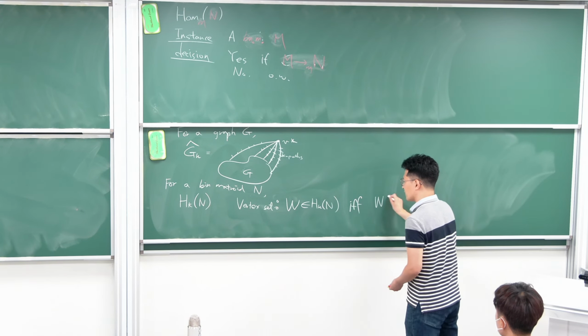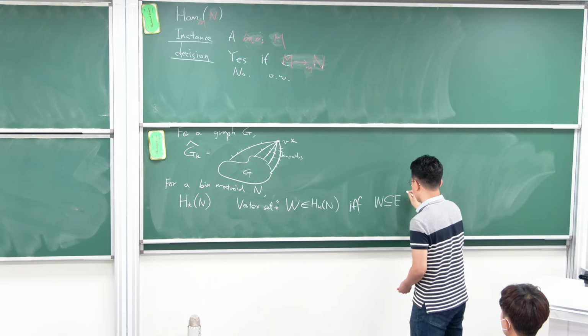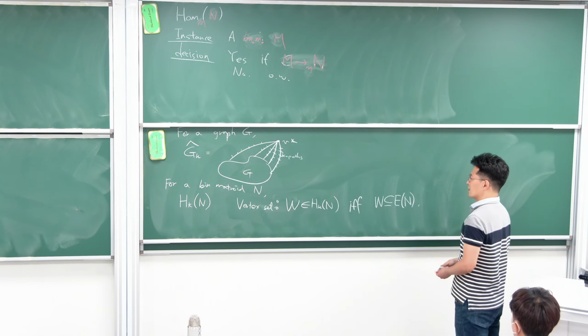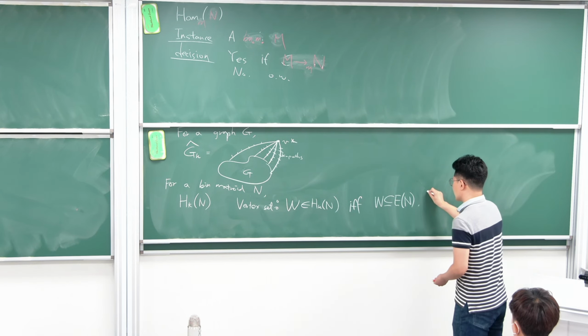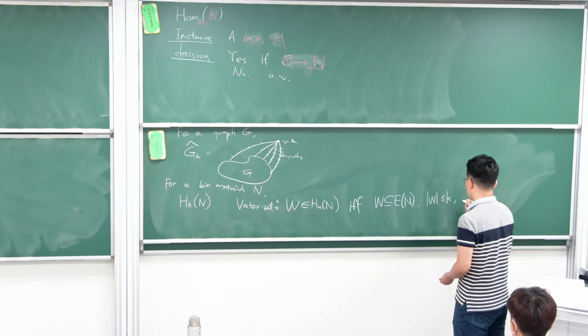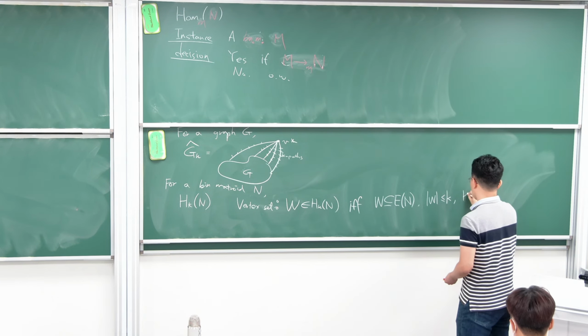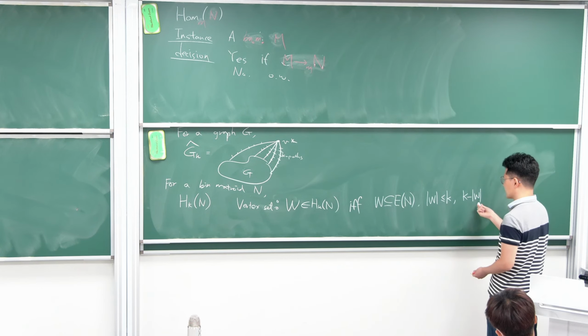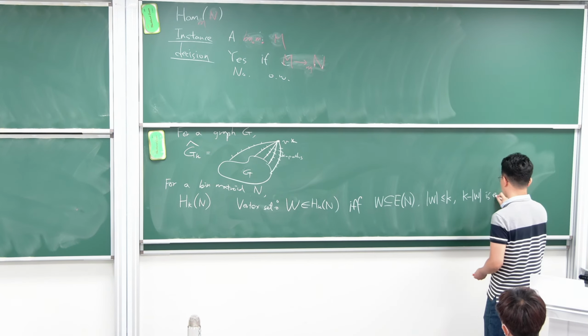It's a subset of the ground set of N, its cardinality is at most K, and K minus this cardinality is even.